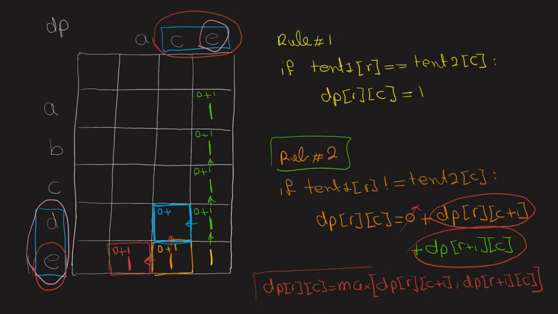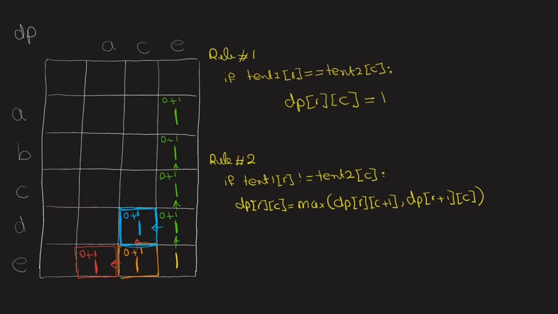Okay, now this is gonna be our second rule. Okay, now I use this formula. From the right side is 1, from down is 1, maximum between 1 and 1 is 1, plus 0 it's 1, so it's gonna be 1 in this cell.